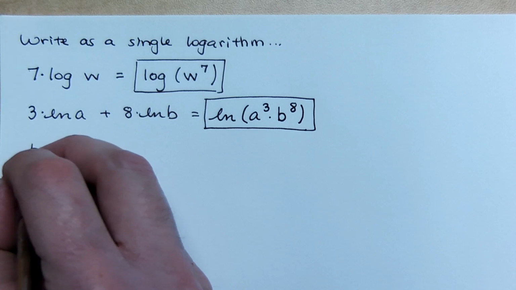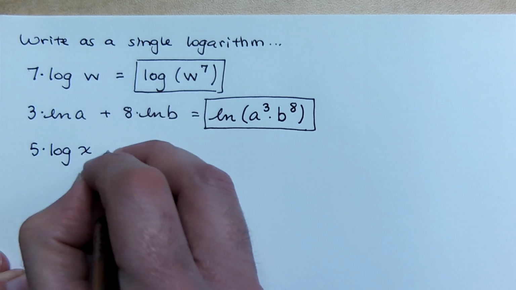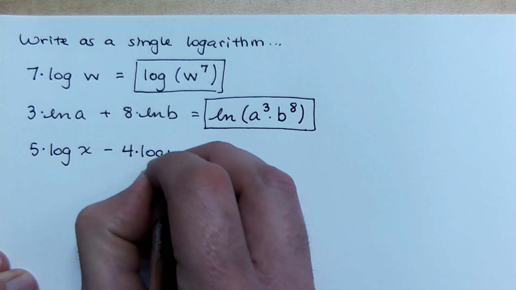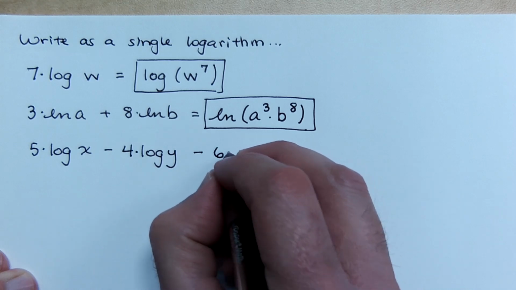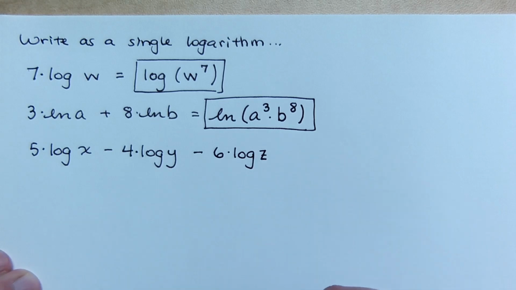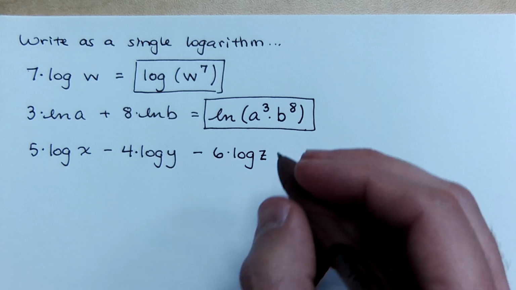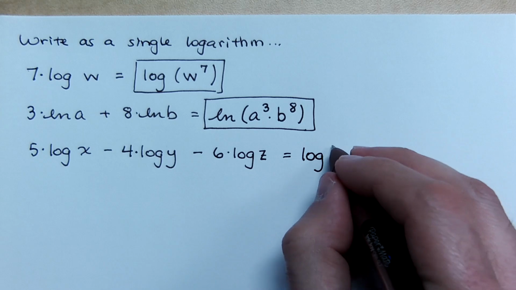So if I say 5 log of x minus 4 log of y minus 6 log of z, how do we write this as a single logarithm? We're going to have a single log, and what's inside of it?